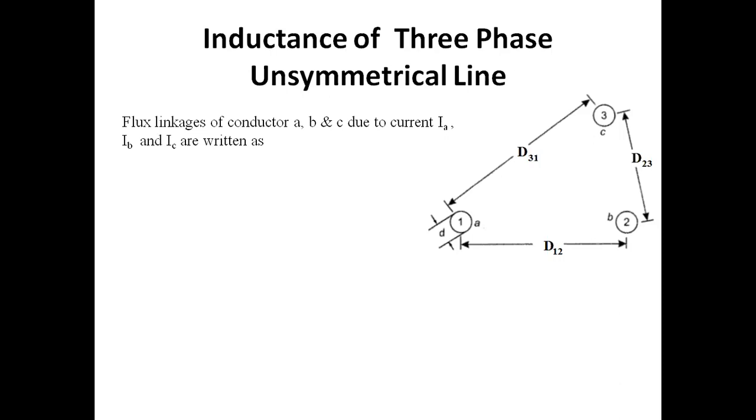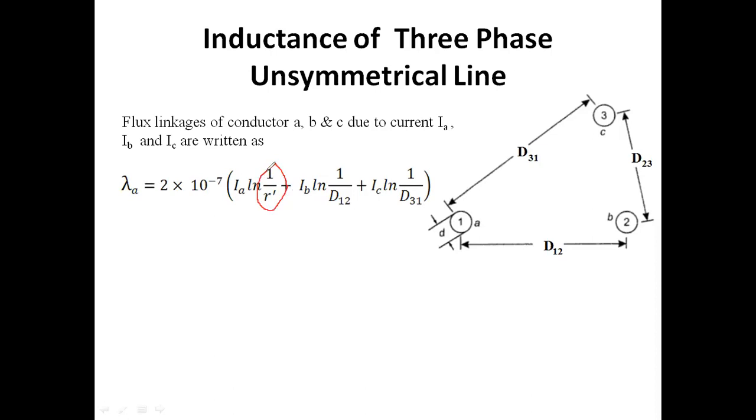Now, the flux linkages of conductors A, B and C due to currents IA, IB, IC, from our previous knowledge, can be written as lambda A equals 2 into 10 to the power minus 7 into IA, where IA is the self current of phase A.